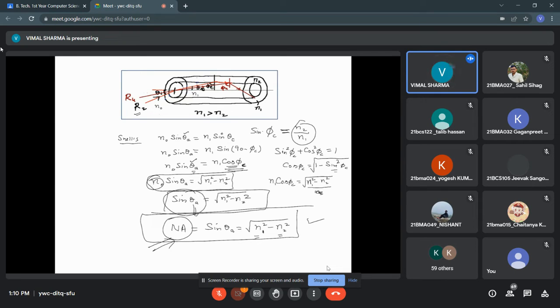And finally, we derived the expression for acceptance angle. If I am interested in calculating theta A, I can calculate it using this formula: theta A is sine inverse of under root n1 square minus n2 square.